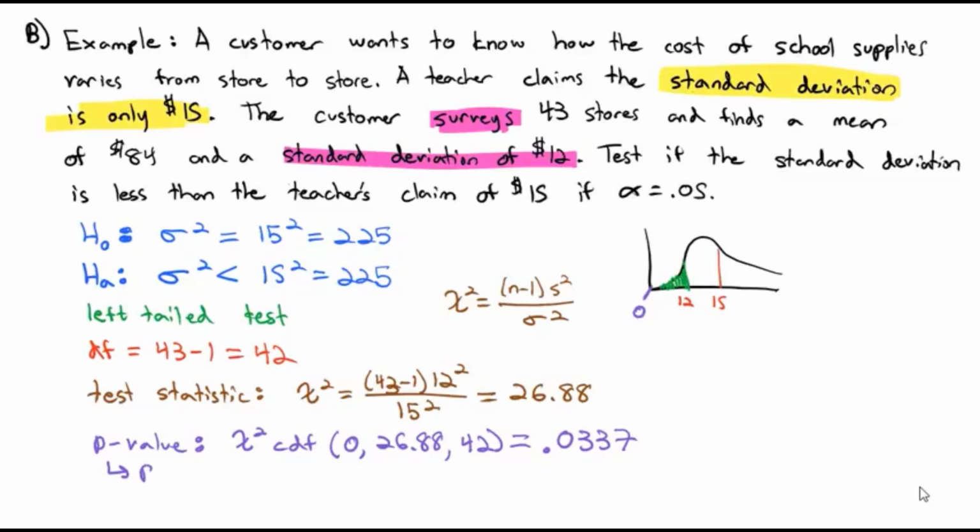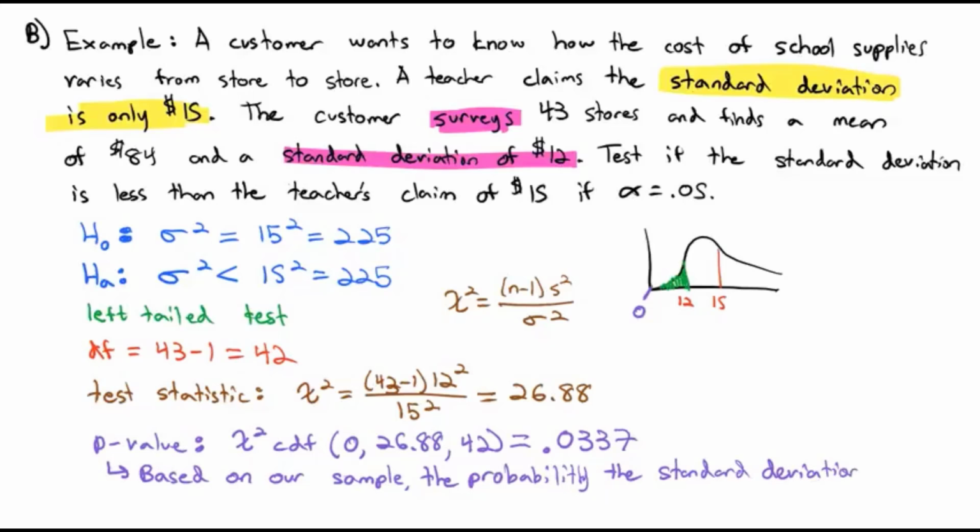That p-value tells us that based on our sample, the probability that the null hypothesis is true, that the standard deviation of the cost of school supplies is 15, is 3.37%.